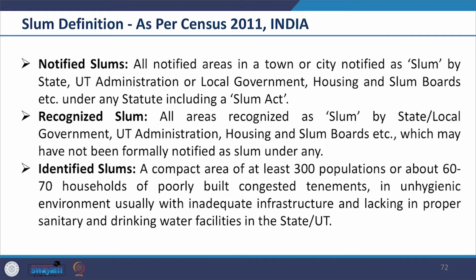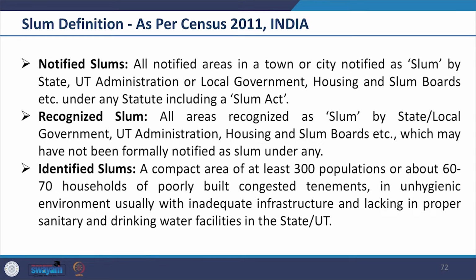Last is the identified slum. This involves a compact area of at least 300 population or about 60 to 70 households of poorly built congested tenements in an unhygienic environment, with inadequate infrastructure and lacking proper sanitary and drinking water facilities, in the state and territory administrative boundary we are looking at.